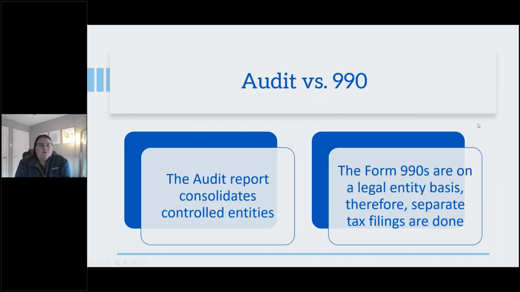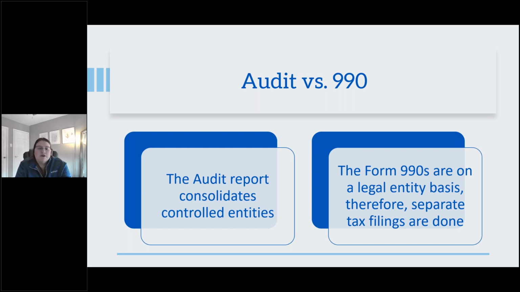All right, so let's briefly understand which entities get reported on your audit and in your 990, if you have a consolidated audit or numerous different related parties. From an audit standpoint, and I will not go super technical, ultimately, if there's control of other organizations, then that does mean that it would be a consolidated audit for the most part.